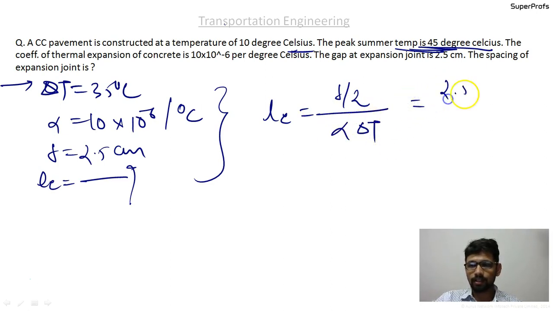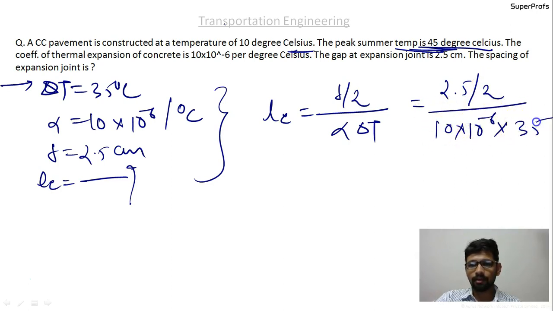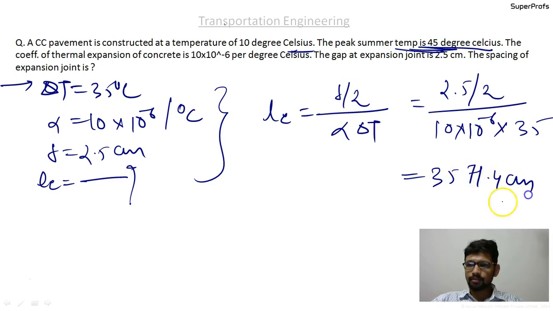So please find it out. 2.5 by 2 upon 10 into 10 to the power minus 6 into delta T, which is 35 degrees Celsius. Whatever you get is the answer. I guess the number is 3571.4 centimeter. Please check the calculation. That is equal to 35.71 meters.